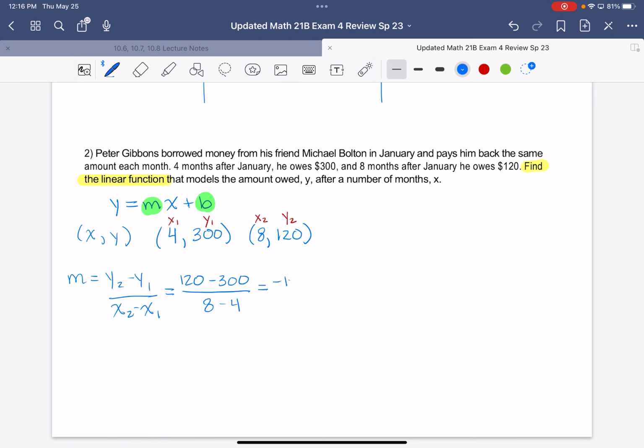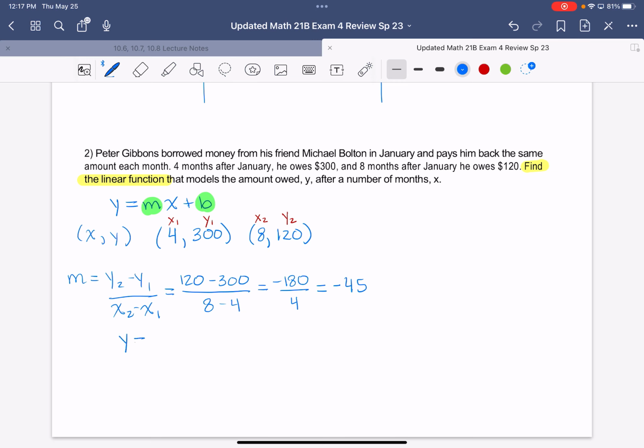This becomes negative 180 over 4, which simplifies to negative 45. So awesome, we have found one of the two things we need. We needed to find the slope m, which we now have.